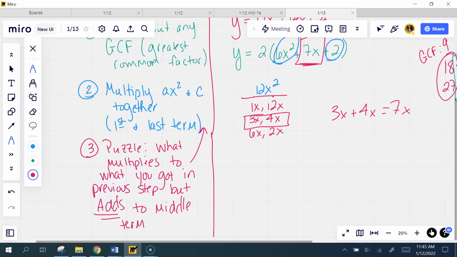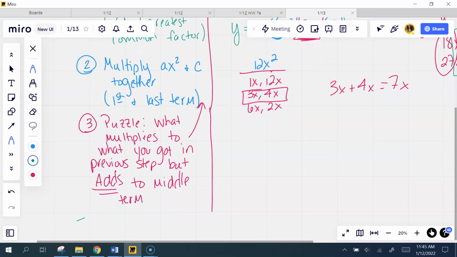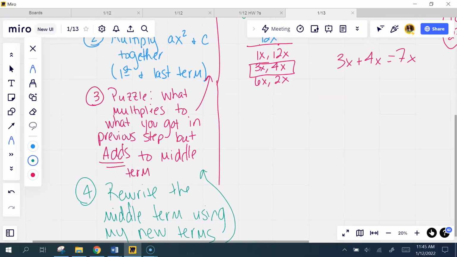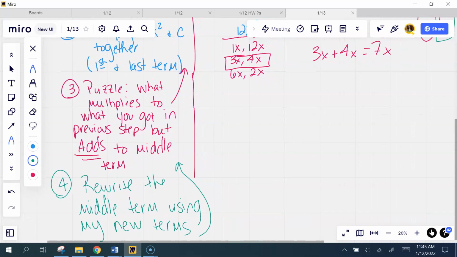So now what I'm going to do is rewrite the middle term using my two new values, or my new term that I got here. Okay, so what does that look like?